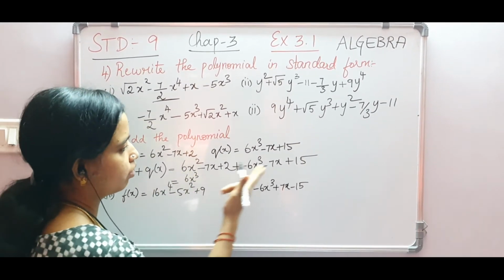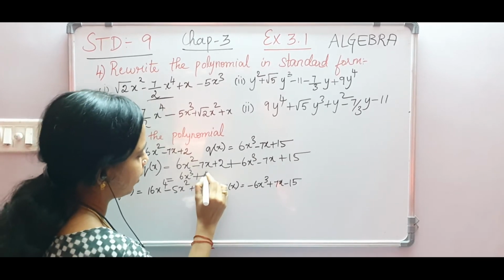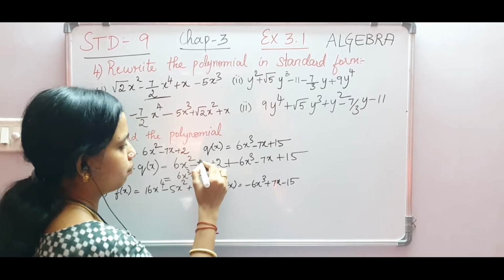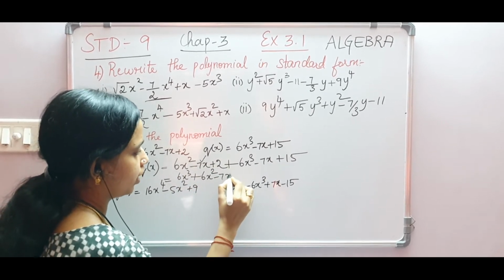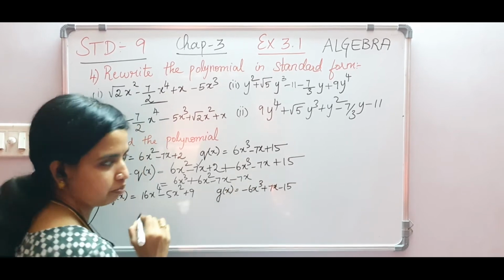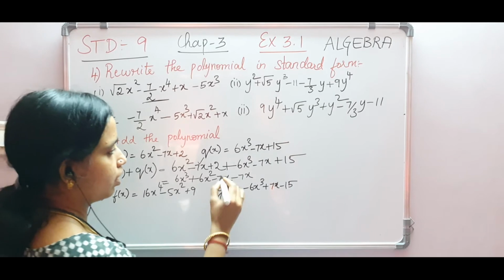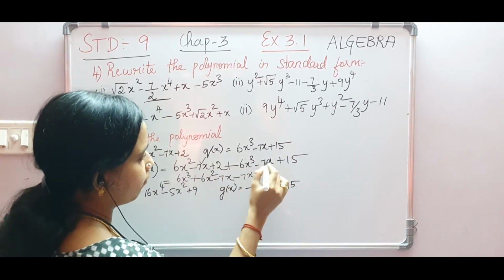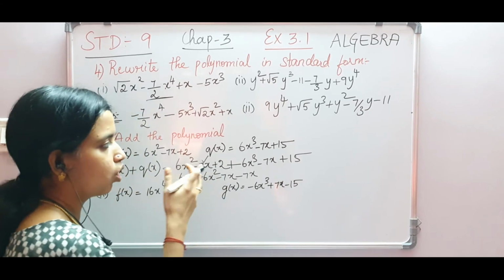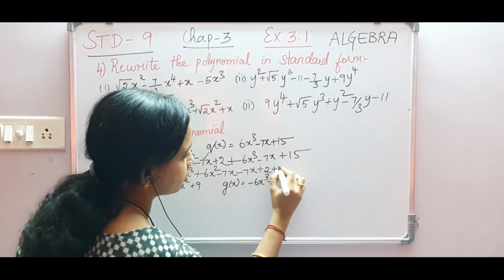Check how many degree 2 terms are there. Only one, so write that as the second term. Now, minus 7x, one term is there, and here also minus 7x, one term is there. Both are the same, so just write these two terms nearby. And then, having written these, the only thing remaining is the constant terms, so write those constant terms as they are.